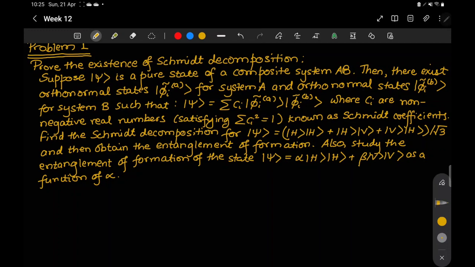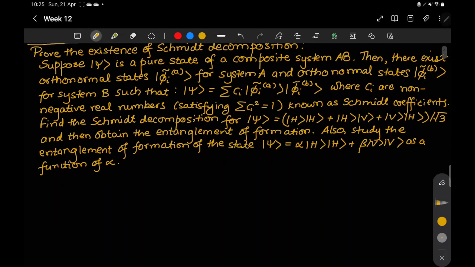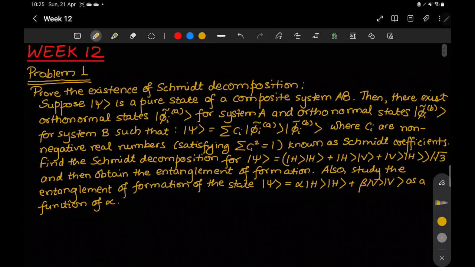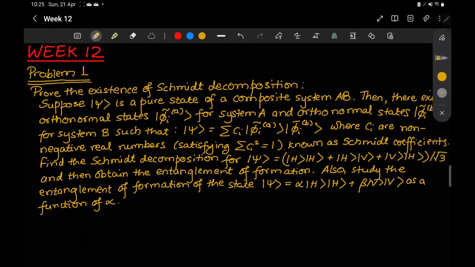We will find it over here for this particular state. Also study the entanglement of formation of this general state of HH and VV with coefficients alpha and beta as a function of alpha. Okay, so go through this question for a few minutes and then I will solve it.